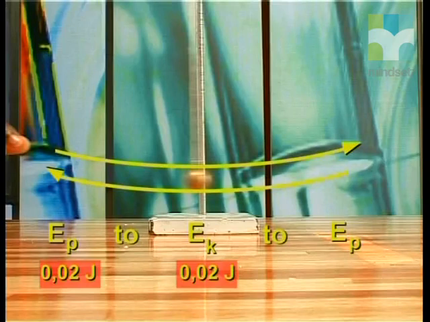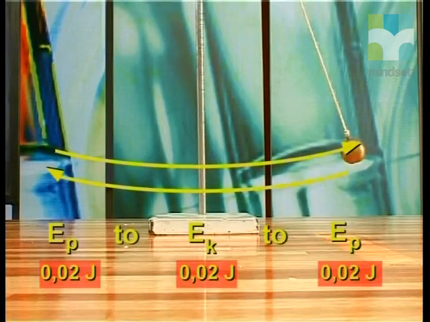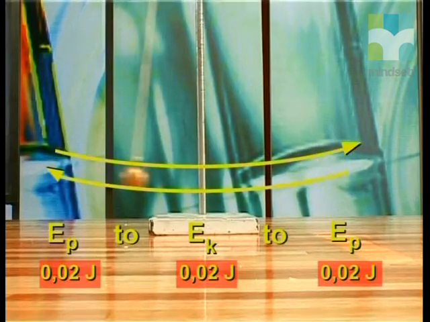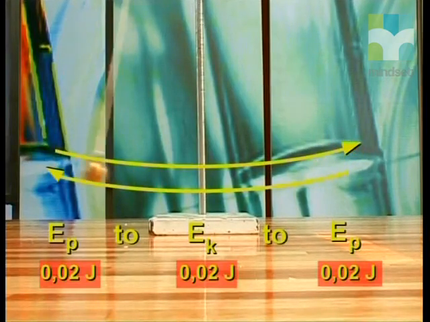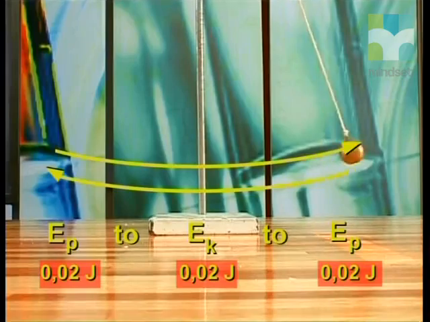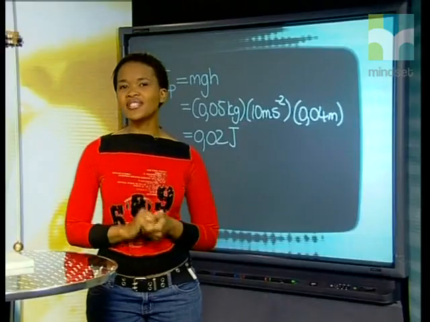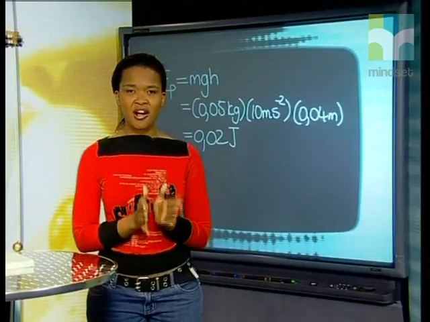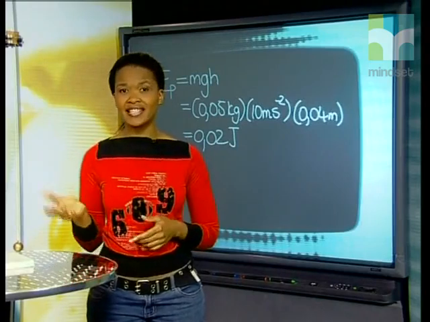Notice the gravitational potential energy of the bob at its highest point is equal to the kinetic energy of the bob at the lowest point. Well, the gravitational potential energy gained when the bob was lifted was converted into kinetic energy. So at the lowest point of the swing, the bob has 0,02 joule of kinetic energy.